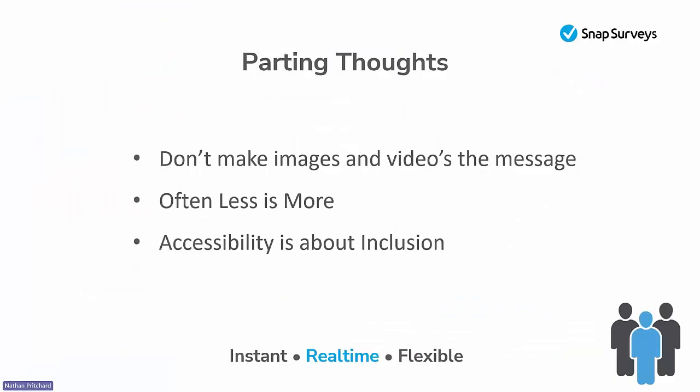Now, parting thoughts. First of all, don't make your images and videos your message. They are a way of making things look nice, and that's very important, of course, but they shouldn't be the thing on the page that is going to convey your message. And when it comes to survey design, often less is more.